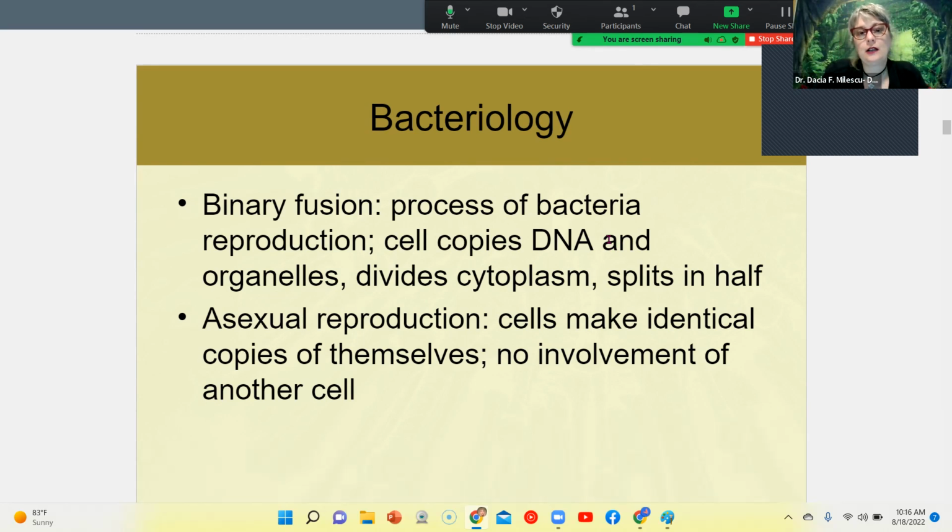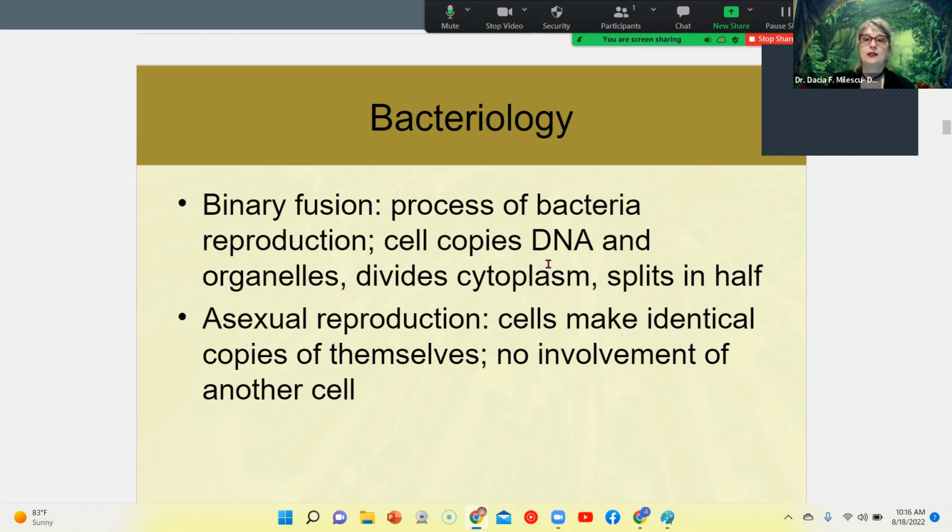The study of bacteriology is really involving not just the genetics, but how it reproduces and how we can stop the reproduction. So that's super important in terms of antibiotic therapy. So just so you know, the way bacteria reproduce is binary fission.